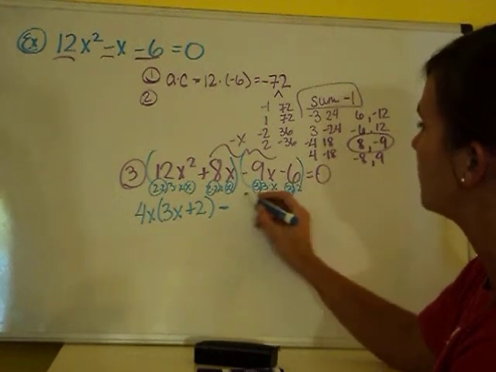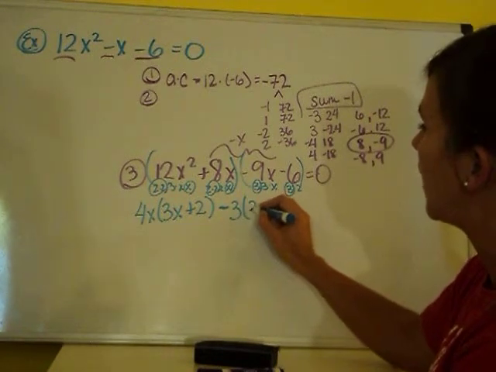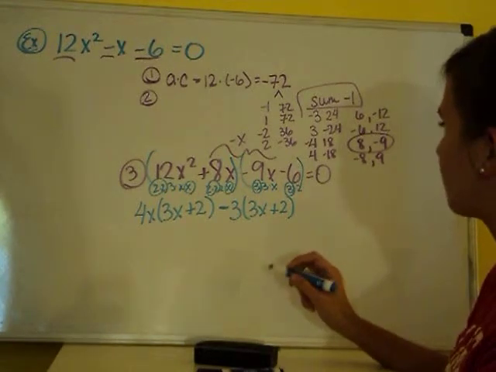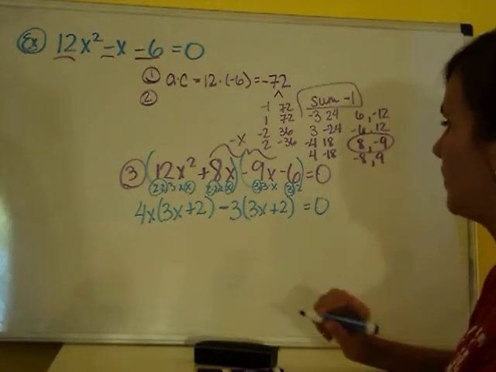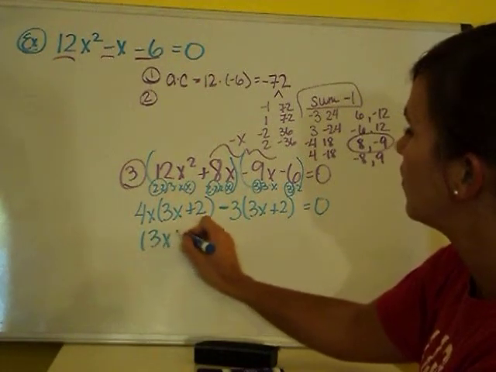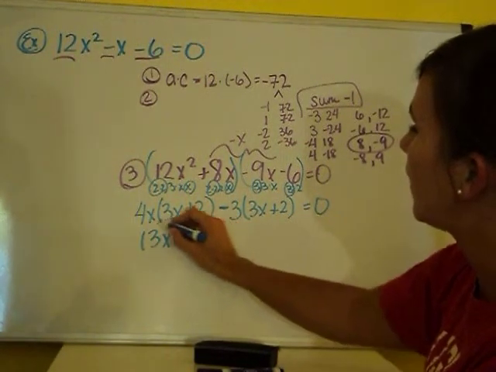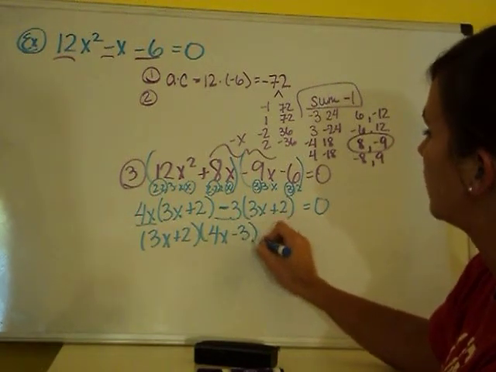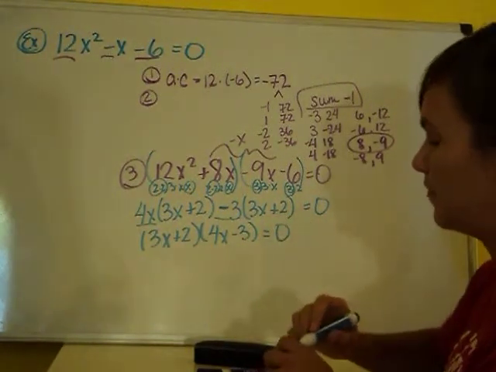We share a 3. Then I'm going to have 3x plus 2 left over because I pulled out that negative, equals 0. Okay, so these both share a 3x plus 2. My leftovers are 4x minus 3 equals 0.